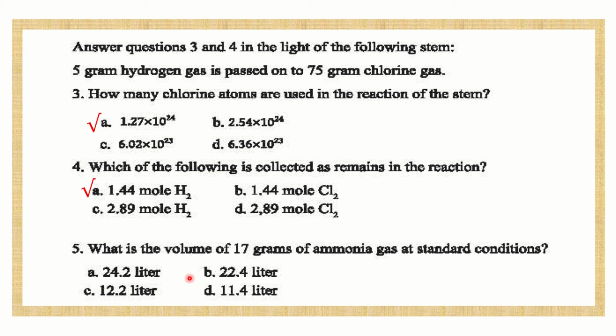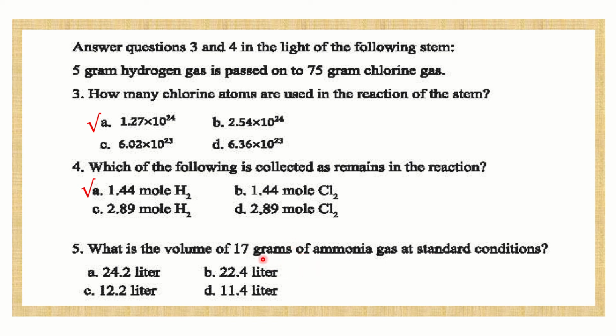Now 5 number MCQ, what is the volume of 17 grams of ammonia gas at standard condition? Again, we know the volume of 1 mole of a gaseous compound is 22.4 liter at standard condition. 17 gram ammonia means the molecular mass amount of ammonia.